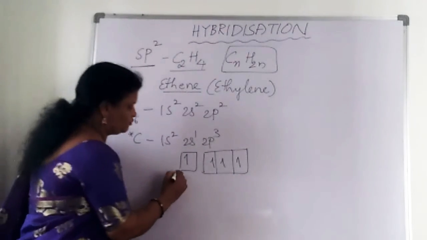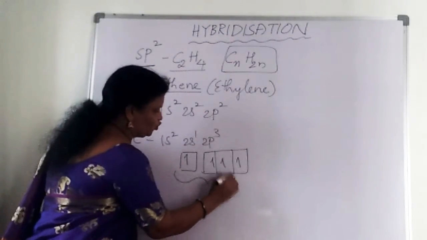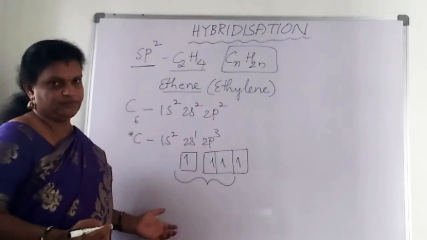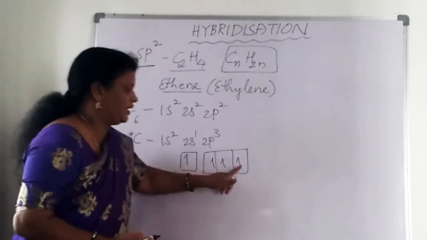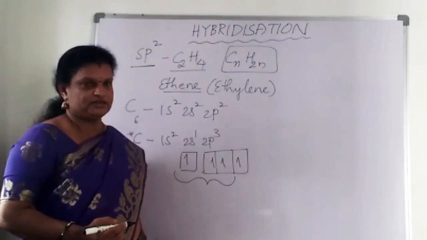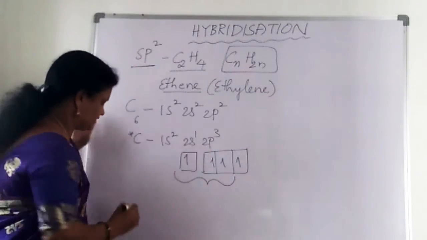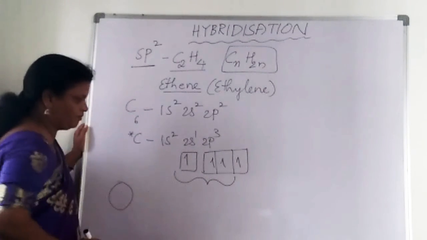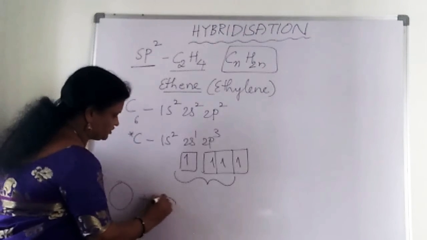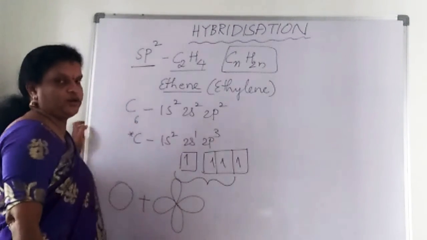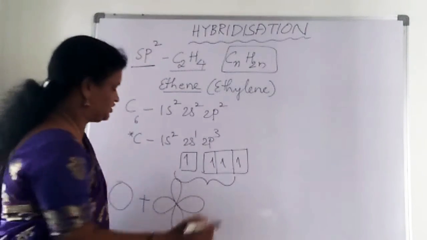Now what happens? One s orbital and 2 p orbitals are going to overlap with each other, intermix with each other, and one orbital will remain like that, that is nothing but a pure orbital. So what happens here? One s orbital which is in spherical form and 2 p orbitals which are present in dumbbell shapes, px and also py, are going to intermix with each other.